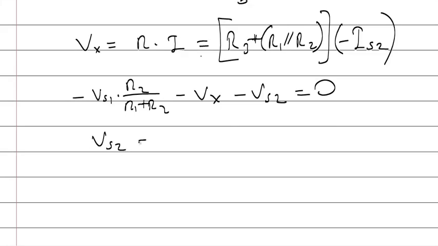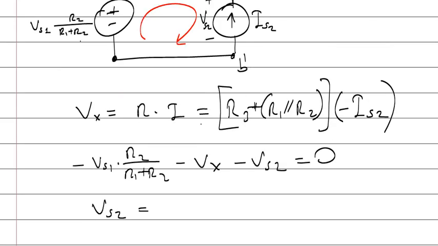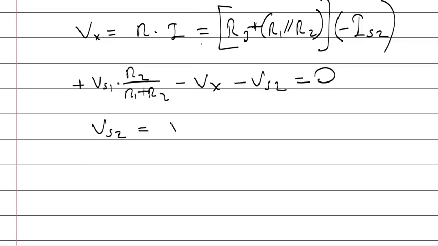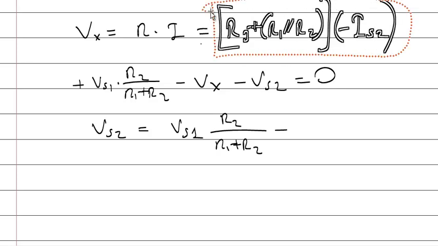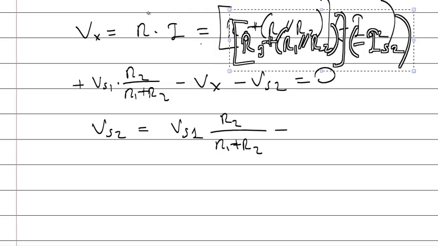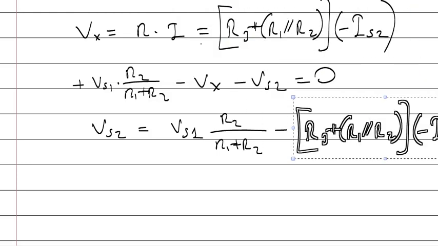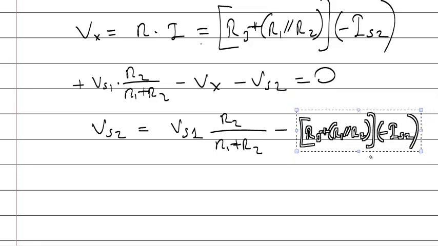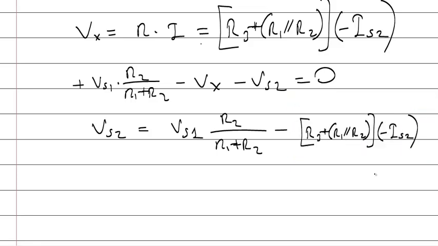So Vs2 is equal to, sorry, this should be plus. There is a voltage increase, it should be plus. So Vs2 is Vs1 R2 divided by R1 plus R2 minus Vx. What's Vx? Vx is this. Minus Vx. Okay, that's it. We have calculated Vs2.